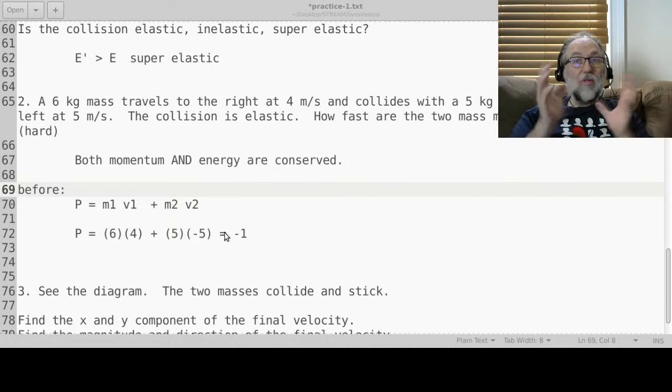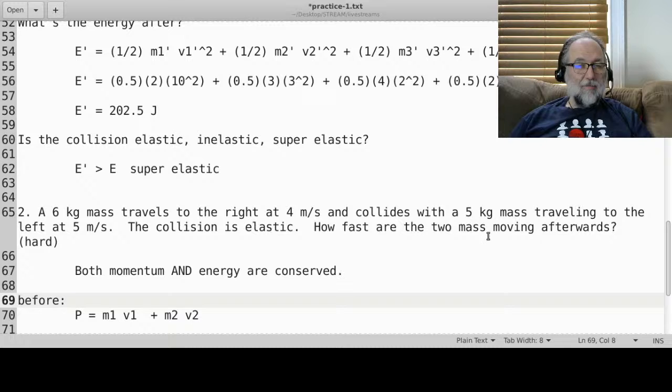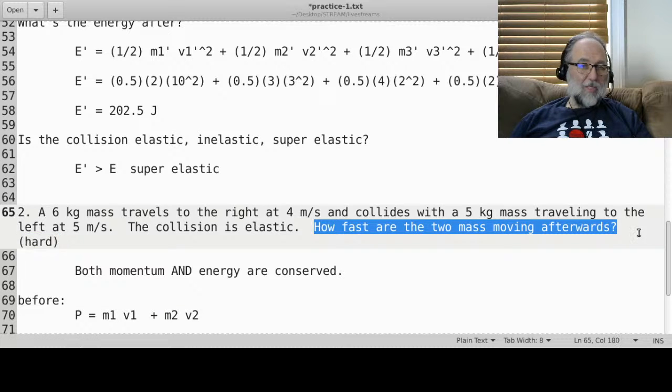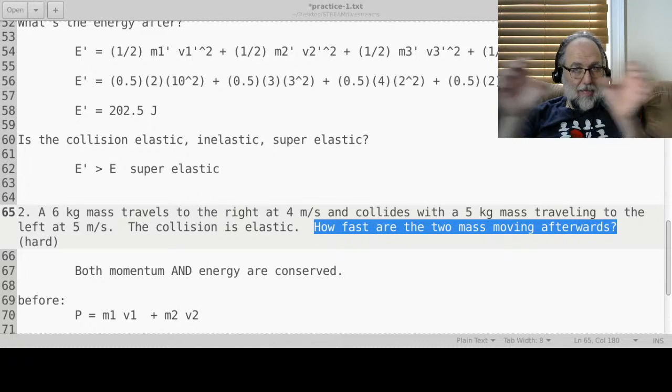There are only two pieces, so nothing's breaking apart, nothing's recombining. I didn't say that, but it's kind of implicit in how I asked the question: how fast are the two masses moving afterwards? The two masses just come, they hit one another, and they fly apart, and it's elastic. There's no energy gained or lost during this.